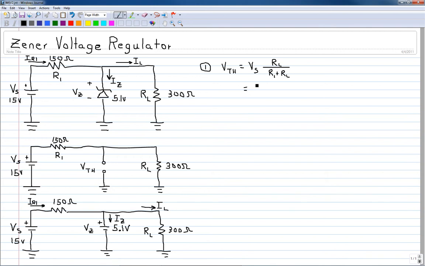This is equal to 15 volts times 300 ohms divided by 150 ohms plus 300 ohms.